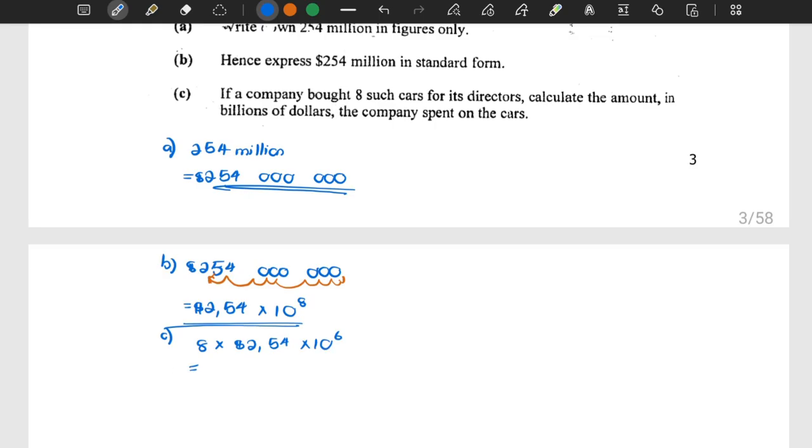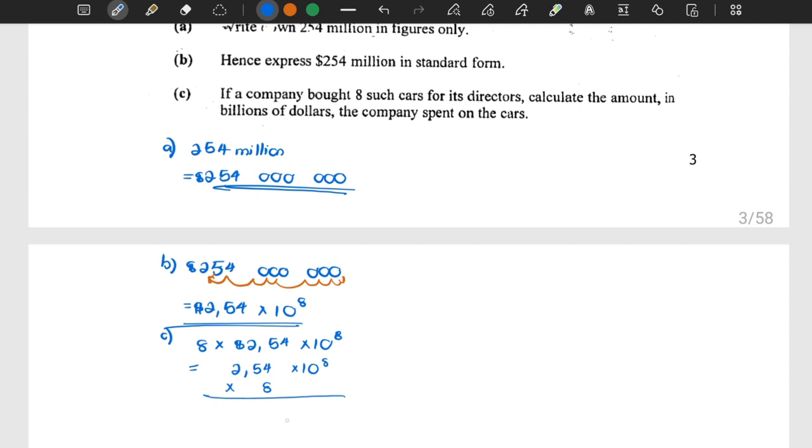And since this is a paper 1 kind of question, 10 to the power 8 times 8.